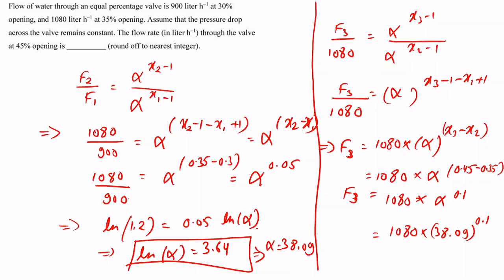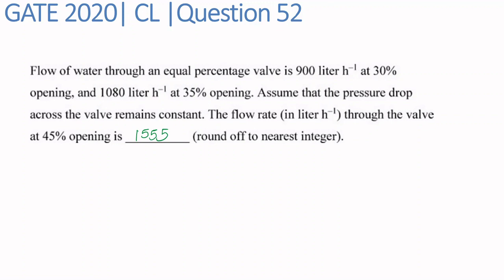So it will be 1.43 into 1080. You can approximately write this as F3 is equal to 1555. So the final answer, that is the flow rate through the valve at 45% opening, we can write as 1555.